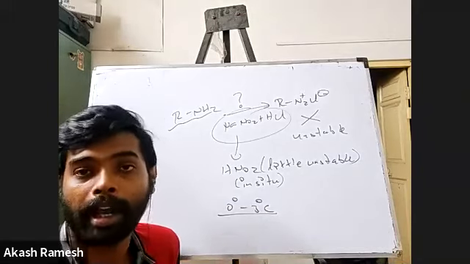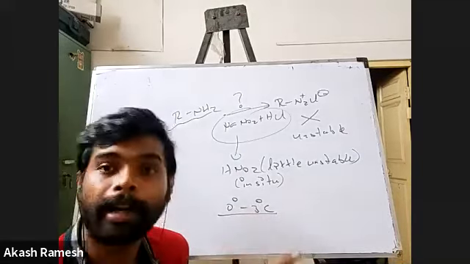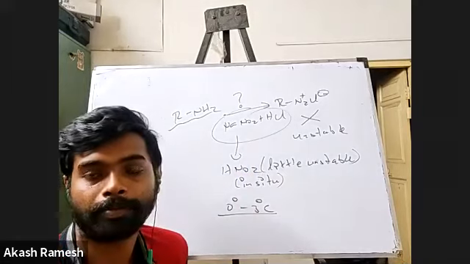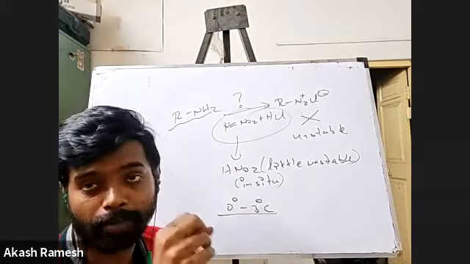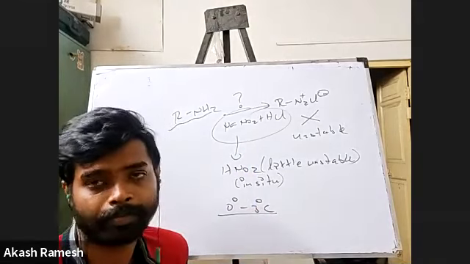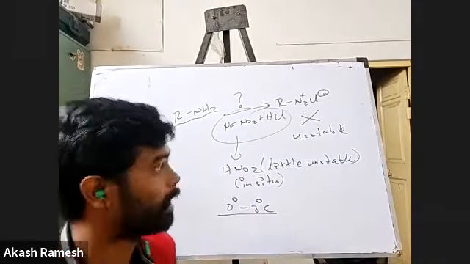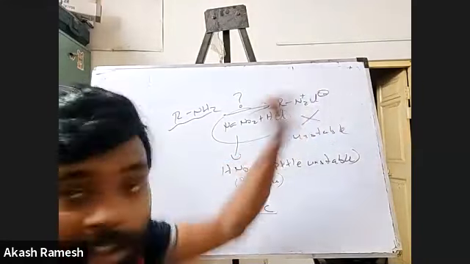Why? Because above this temperature, arene diazonium salt is also unstable. So these reactions are performed at very low temperatures. As I told you, this is unstable, right?